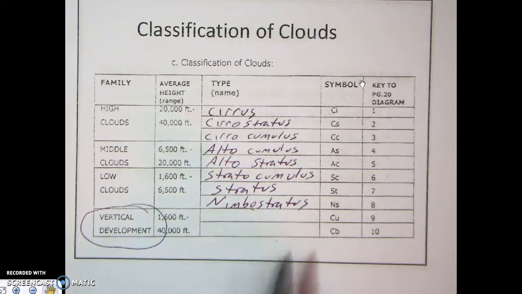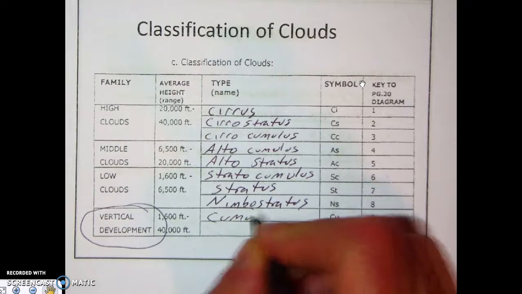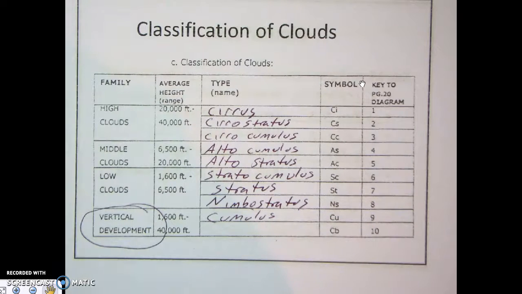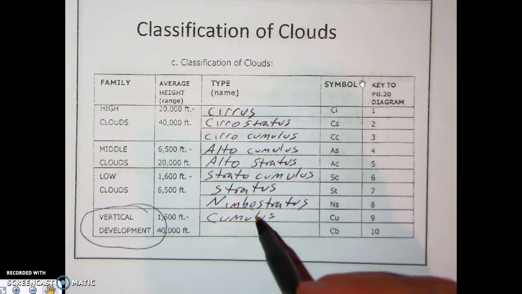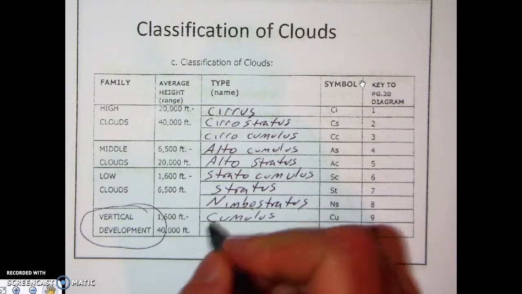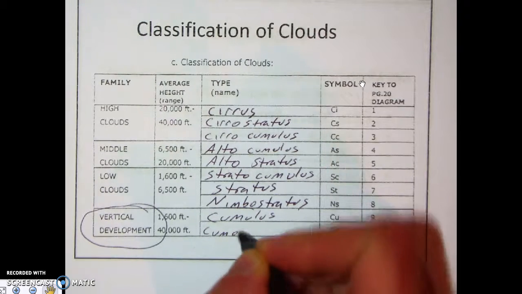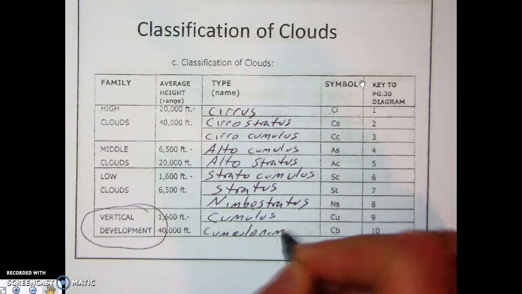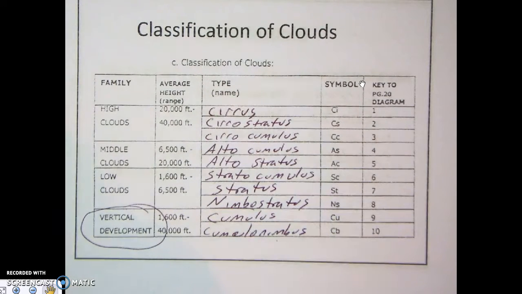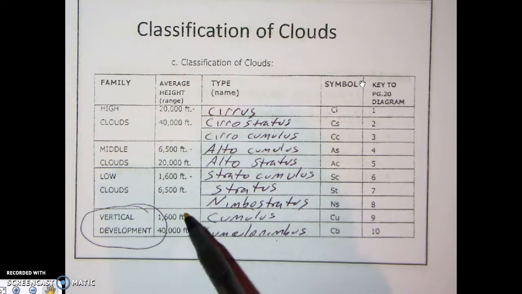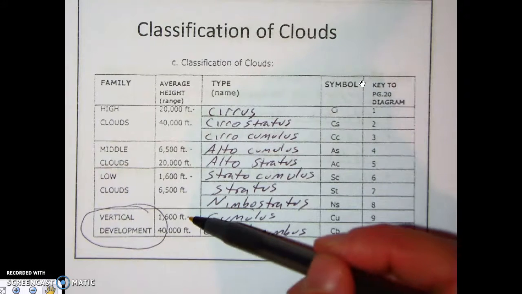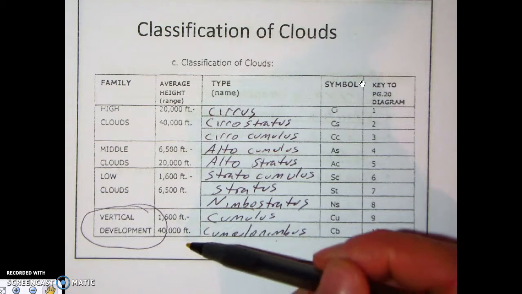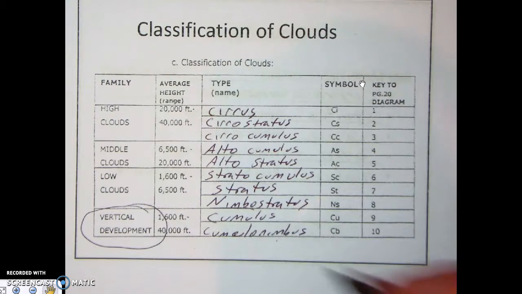And in this situation, when we have cumulus clouds, those little white puffy clouds, if the conditions are right, those little puffy clouds are going to clump together and form what's called cumulonimbus. A cumulonimbus is a thunderstorm cloud, really, really large cloud, and it extends a huge vertical distance, all the way from the low levels of the atmosphere, all the way up to 40,000 feet, up to the stratosphere.